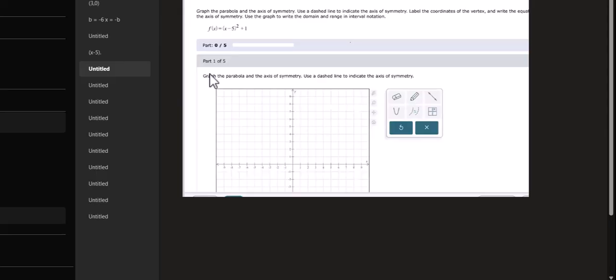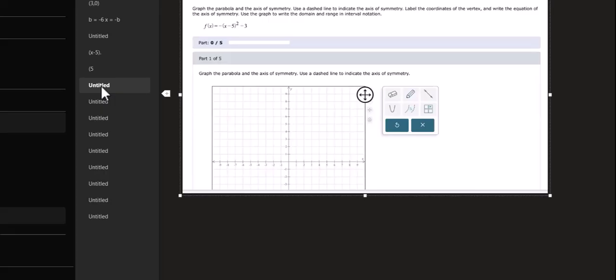Okay, so this one, my vertex, again, is 5, 1. Is this the same one? This is the same one. This is a different one. Okay, so this one, notice it's opening down, so that's going to change things a little bit when it goes to draw it. But my vertex is 5, negative 3.